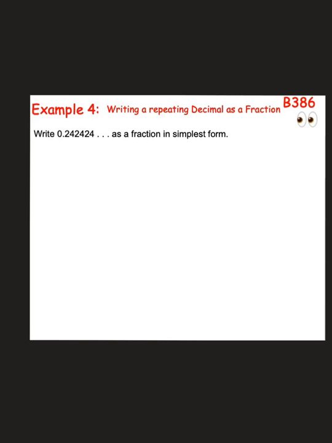So I'm going to say 0.24 plus 0.24 times 1/100, plus 0.24 times 1/100 to the second power, and plus 0.24 times 1/100 to the third exponent, and so on.